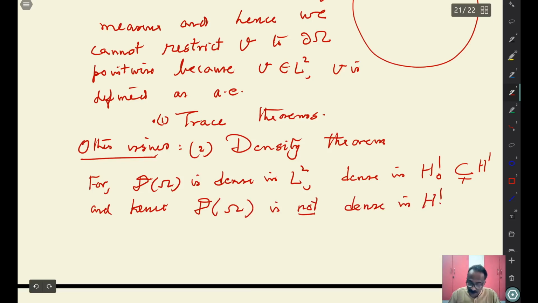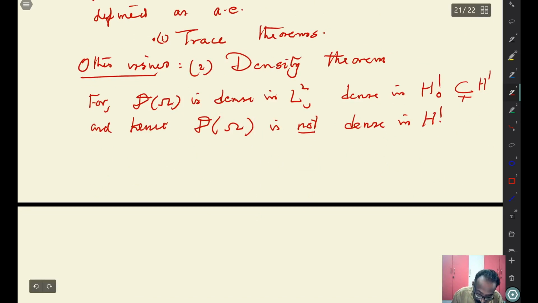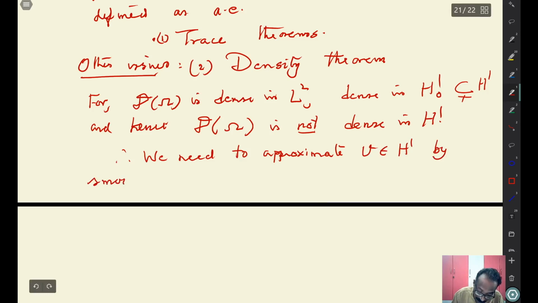So you need results to approximate. These are all part of analysis, because quite often you have to come to the classical thing to do that. You need to approximate v in H1 by smooth functions, not necessarily with compact support.